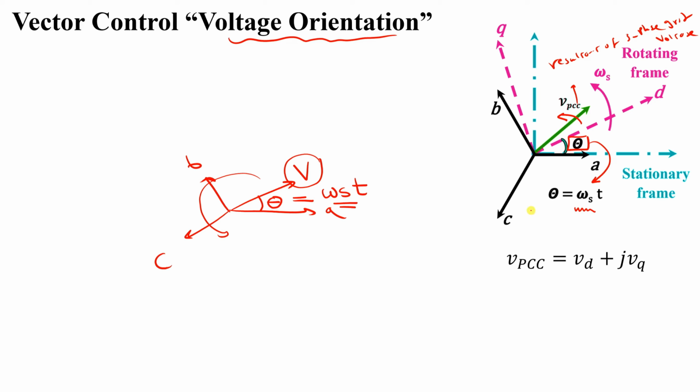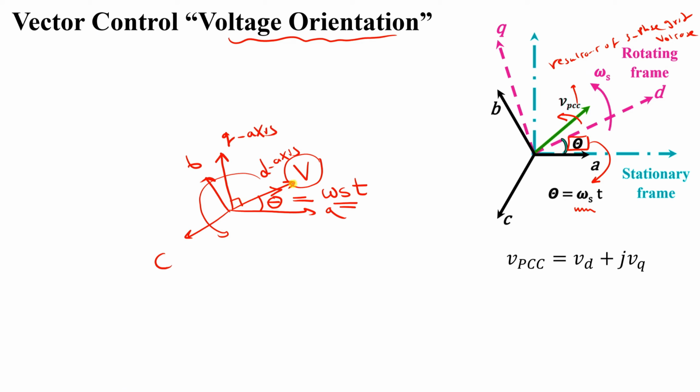In this example, if I select the transformation angle of the DQ frame equal to the angle of V, the D axis will be oriented above the voltage, and 90 degrees from it, the Q axis, like this. So between them there are 90 degrees.